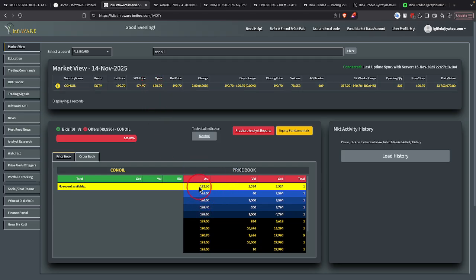Okay, so we have full offer. So it means that all the people that have corn oil are only willing to sell. There is nobody, there is 0 bid, and there is full offer. So all the people that have corn oil want to sell it, and actually there's nobody willing to buy it.